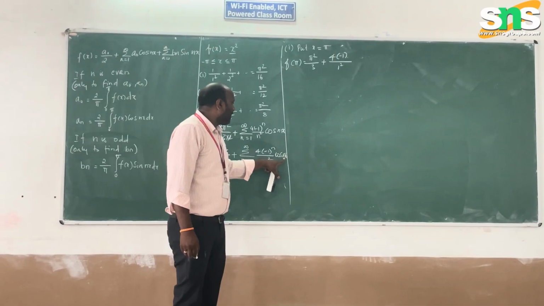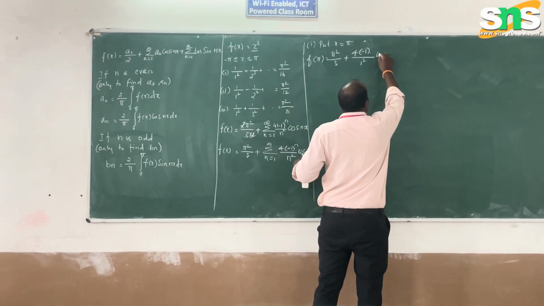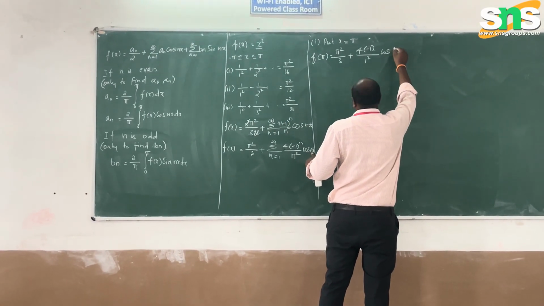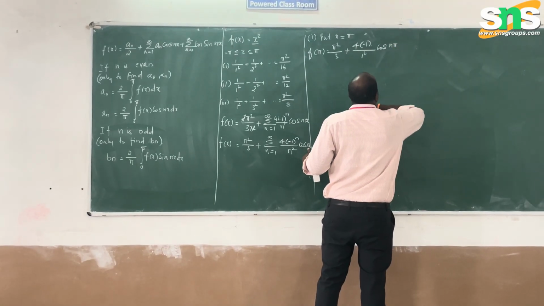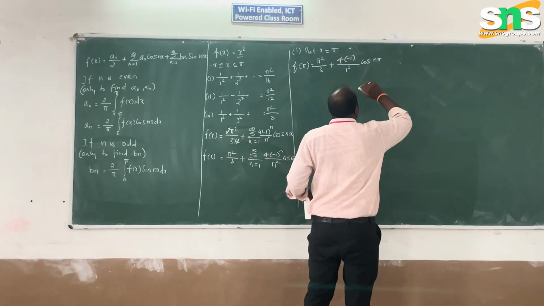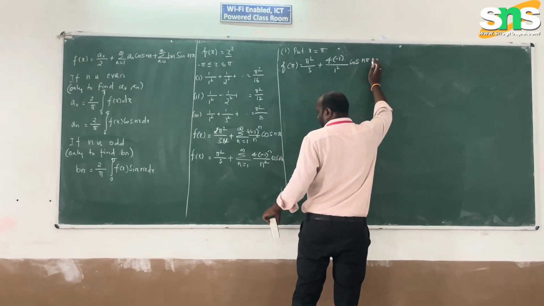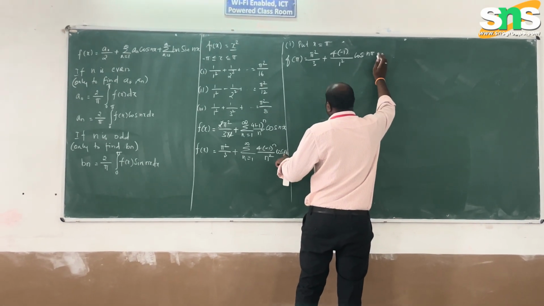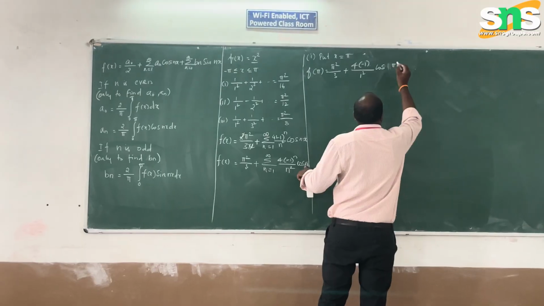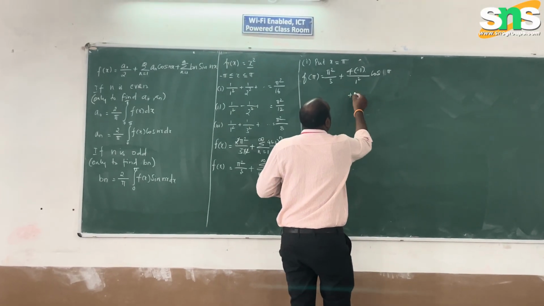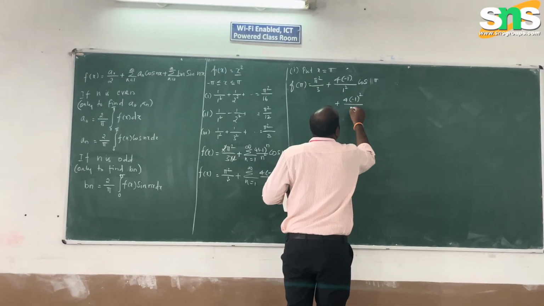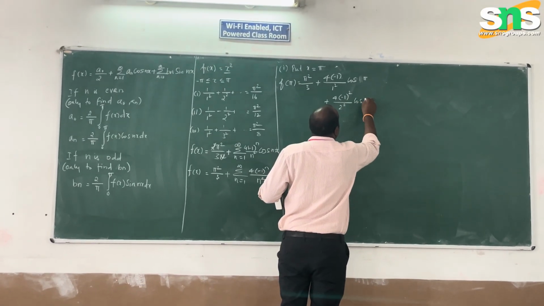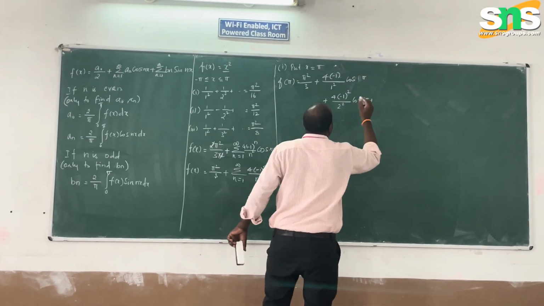So cos pi. So that we apply the value of cos pi. First of all, we find n equal to 1, then cos pi, then plus 4 into (-1) power 2 divided by 2 square into cos 2 pi plus and so on.